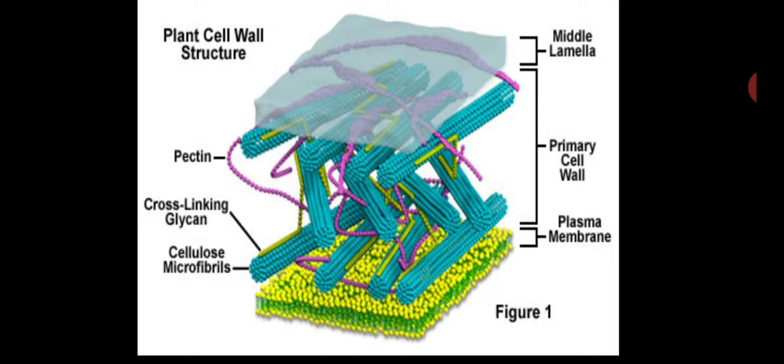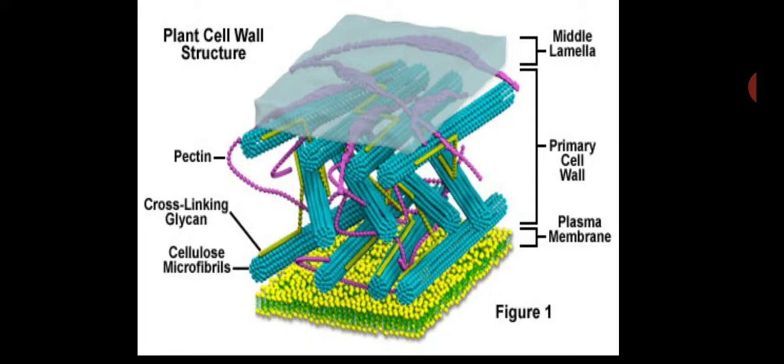Chemically, the primary cell wall consists of 50% hemicellulose and 25% cellulose. The remaining portion is matrix, which includes fats, pectin, proteins, and polysaccharides like xylans, mannans, and glucomannans. Together these form the matrix, in which hemicellulose fibrils and cellulose fibrils are embedded.